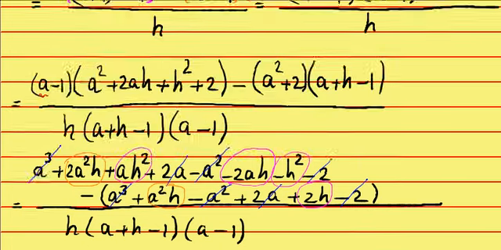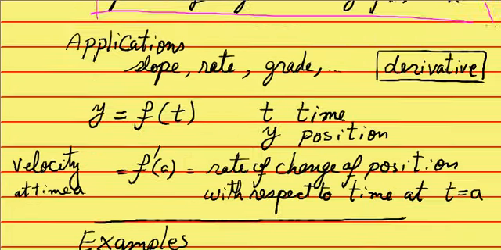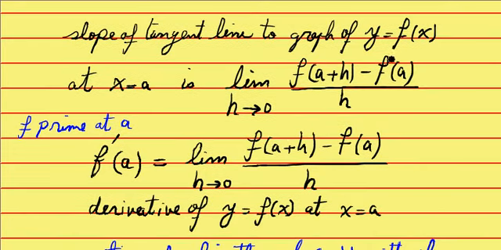So remember, we started with this difference quotient, simplified, and we brought it all the way to that simple form. What is it that we need to do at the very end? After you have simplified this difference quotient, after this is all done, you need to take your limit to calculate your f prime.